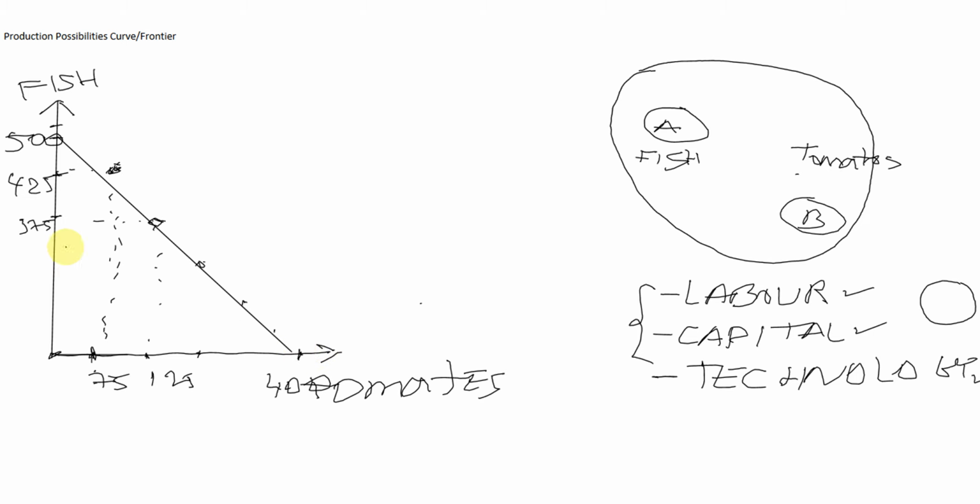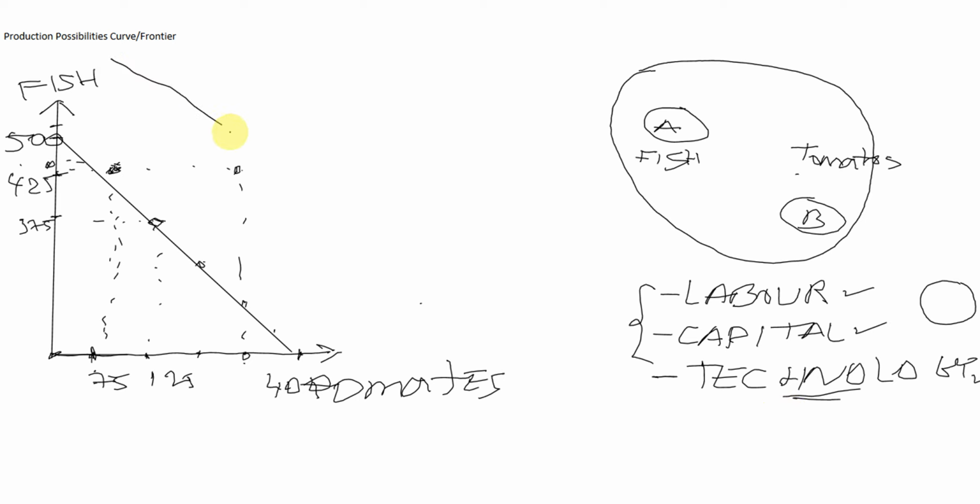We can't really produce at this point. We can't really produce this much tomato and at the same time this much fish, because of resource limitations. We can't really use our resources to achieve this, because this requires a lot of, for example, technology. Maybe if we had a technological shock, we could move the frontier to that point.